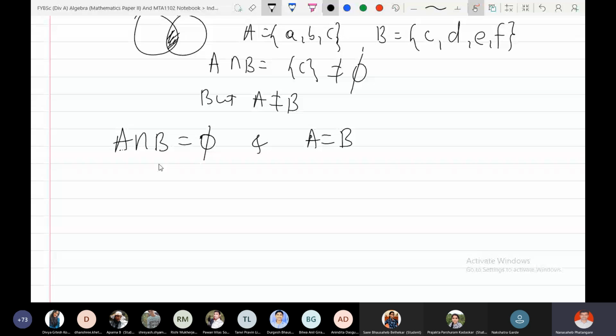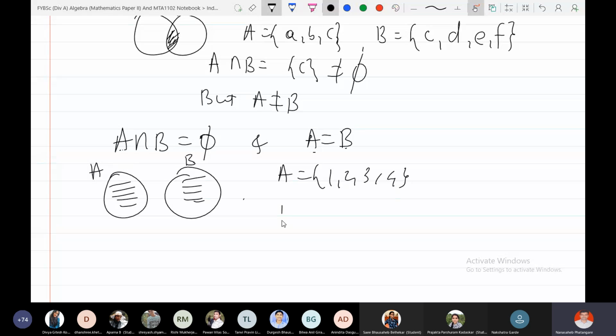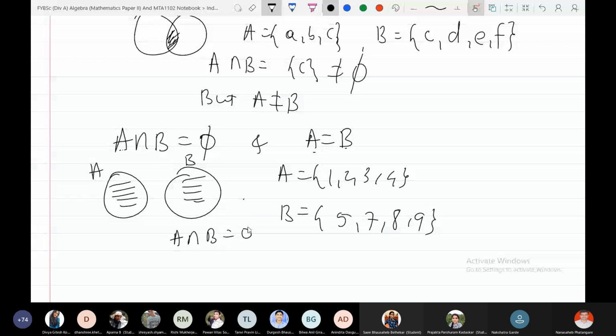If two sets are disjoint, there is no overlapping. If sets are separated, how can you say that sets are equal? Look at set A: 1, 2, 3, 4, and set B: 5, 7, 8, 9. A intersection B is empty, and the sets are not equal. They are completely different sets.